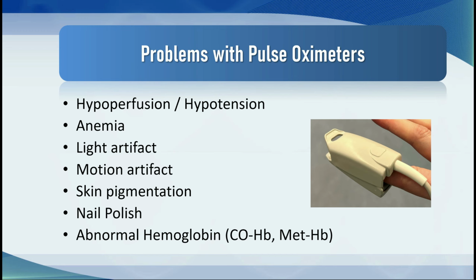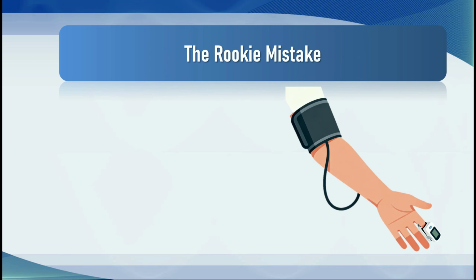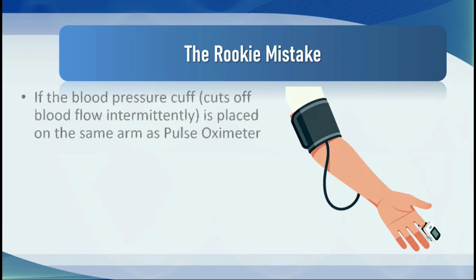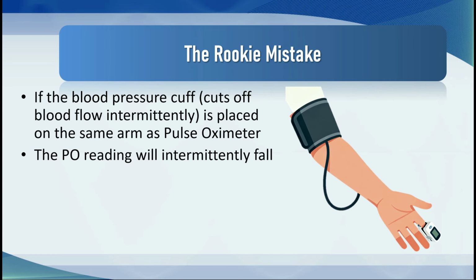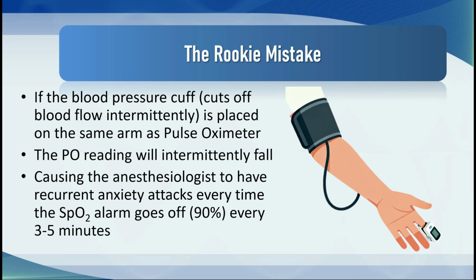The most common problem that I encounter in my clinical practice is the rookie mistake. If the blood pressure cuff that cuts off blood flow intermittently is placed on the same arm as the pulse oximeter, the reading will intermittently fall, causing the anesthesiologist to have recurrent anxiety attacks every time the saturation alarm goes off at around 90% every 3 to 5 minutes.